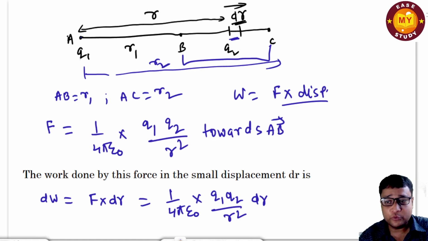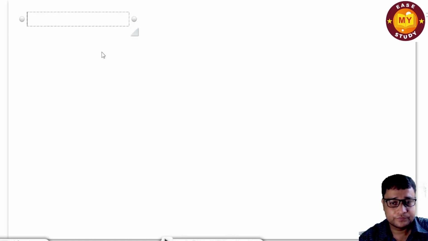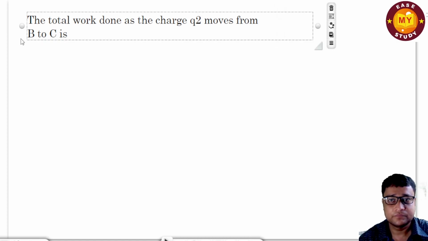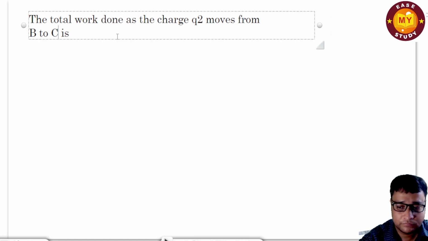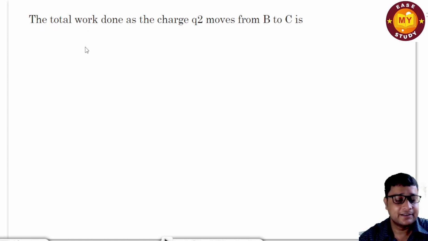If you want to displace the object from B to C, then the work done as the charge Q2 moves from B to C, how will you write it?